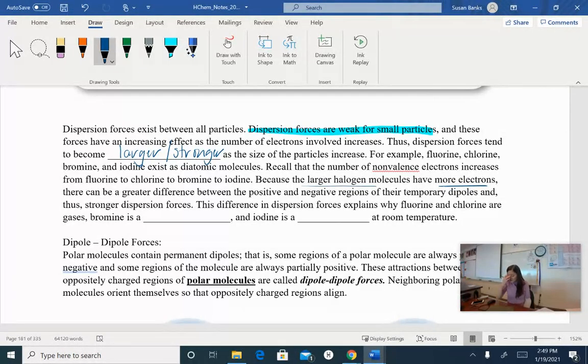There can be a greater difference between the positive and negative regions of their temporary dipoles, and thus stronger dispersion forces. This difference in dispersion forces explains why fluorine and chlorine are gases at room temperature, bromine is a liquid, and iodine is a solid at room temperature.